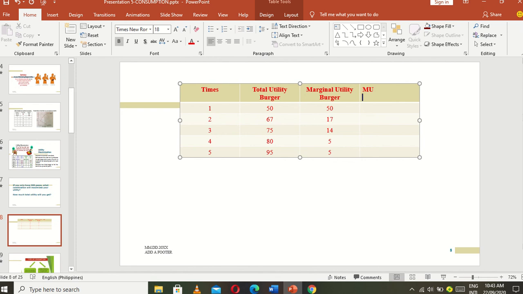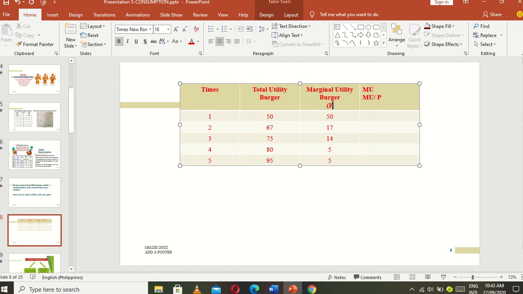In getting the maximization of the utility by product, you're going to divide marginal utility by its price. Let's assume that the burger is worth 25 pesos.